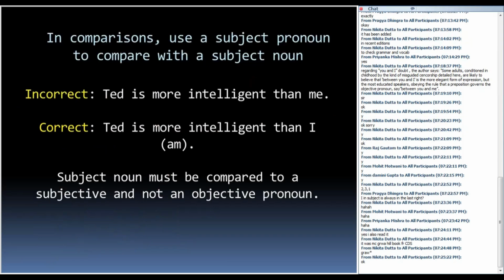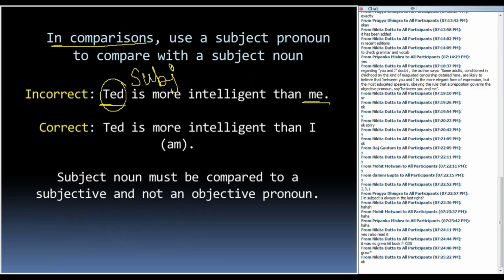Now let us talk about comparisons. Remember, when you are comparing, one of them is a noun and the other one is a pronoun, and the noun is in the subject.